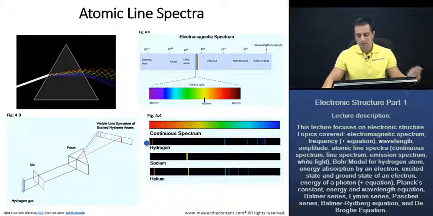Now, generally speaking, this is why objects emit light. What I mean by that is, if we take, for example, a street light or just fire in general, electrons are going to get excited and go to a higher energy level, and when they want to go back down to their ground state, they're going to release energy in the form of light.